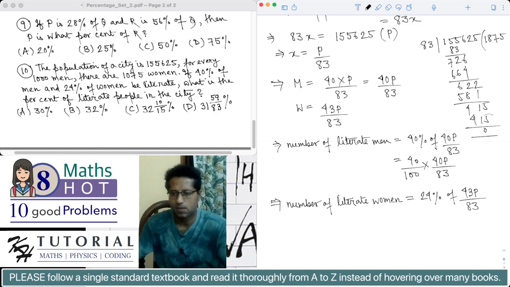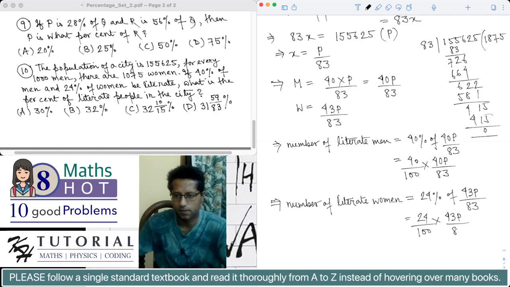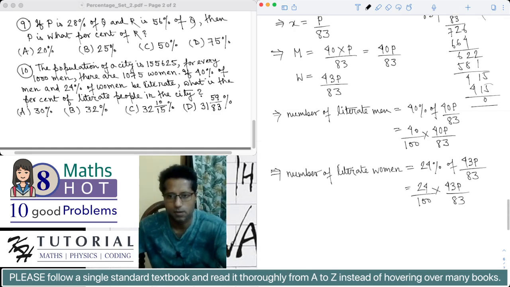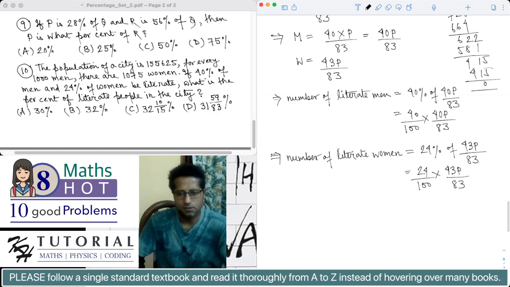So this will be equal to 24 by 100 multiplied by 43p by 100. Okay.